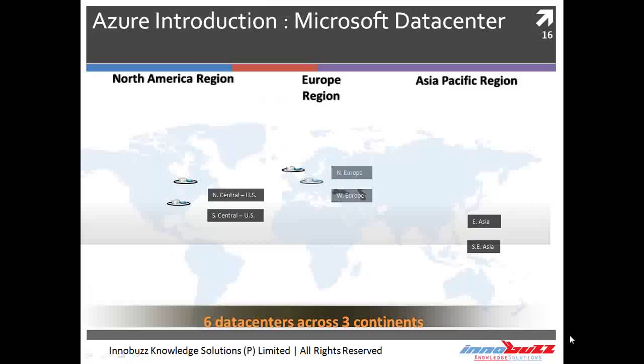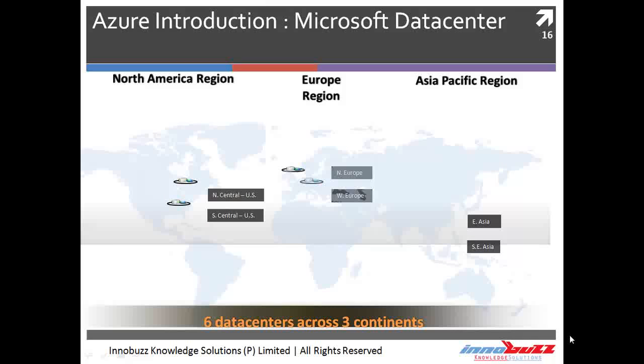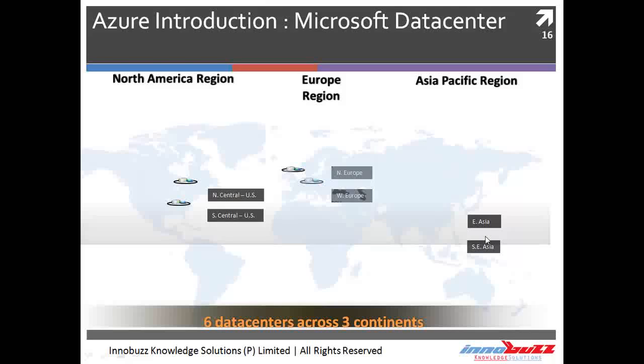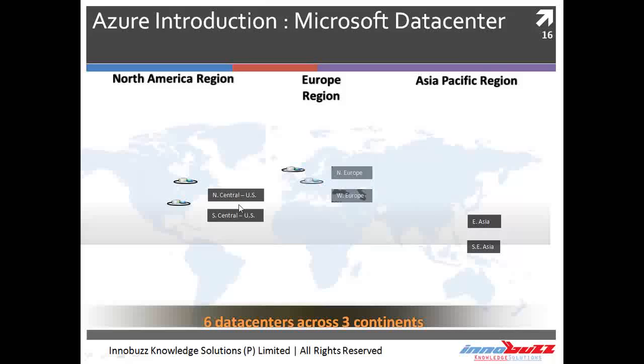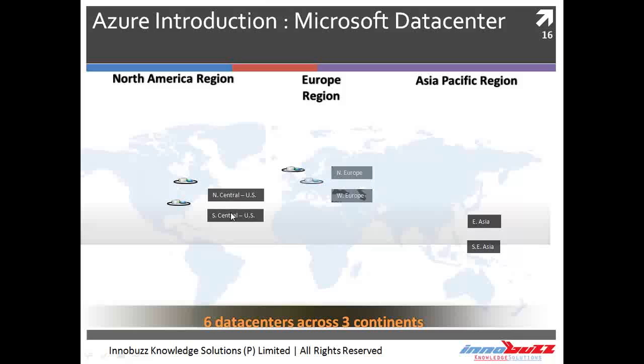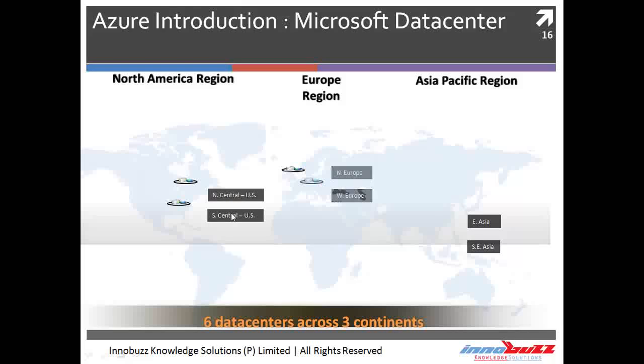Here we see the Microsoft data center, of which I was talking earlier in the presentation. They have 6 data centers, 2 in Asia, 2 in Europe, and 2 in America.